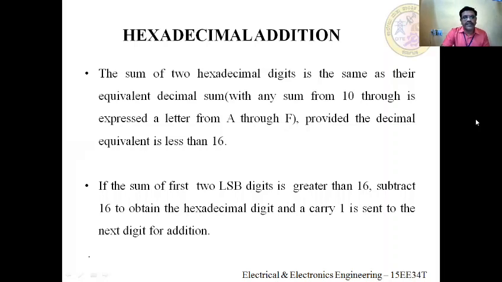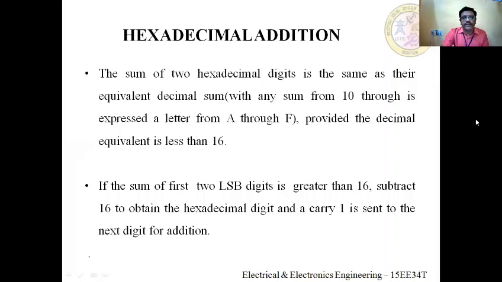First topic of this session is hexadecimal addition. In this case, we are supposed to add two hexadecimal numbers. The addition or the sum of two hexadecimal numbers will also be a hexadecimal number.